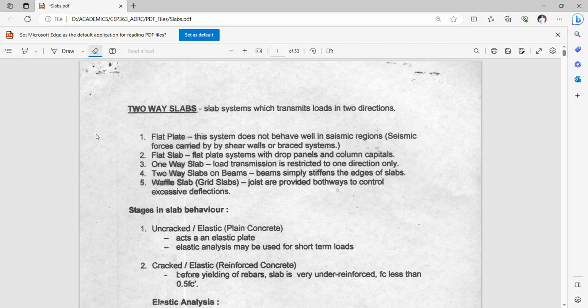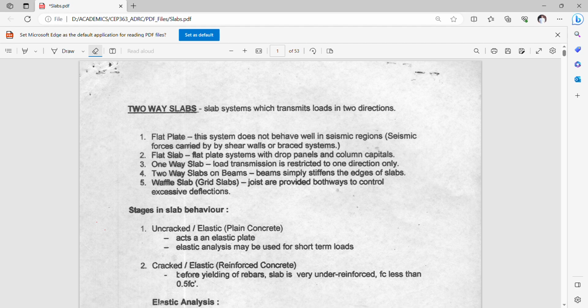Let's discuss first some basic considerations on how to scrutinize the types of slab systems that we are going to study and analyze.